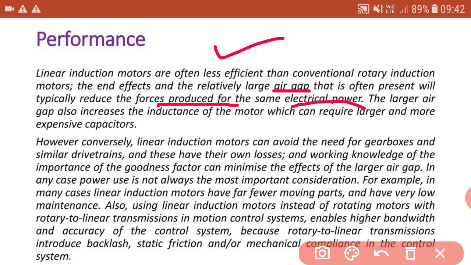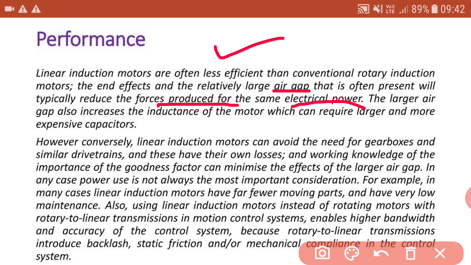So we know that whenever the losses increase, the output will decrease, so efficiency also decreases. So due to end effects and the relatively large air gap, there will be a reduction of the forces produced.